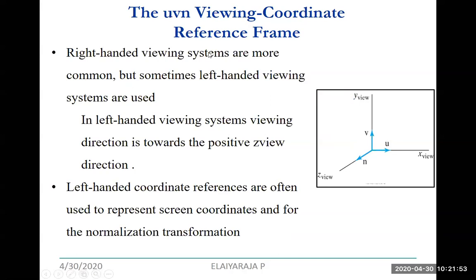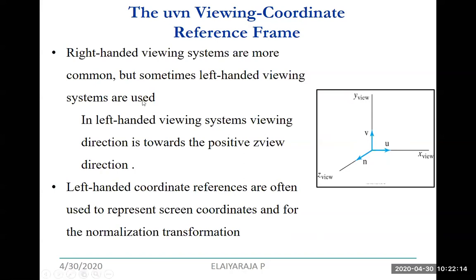So right-handed viewing systems are more common, but sometimes left-handed viewing systems are used. As I said, the viewing coordinate reference frame always uses a right-handed viewing system, whereas for the normalized vector you use left-handed.